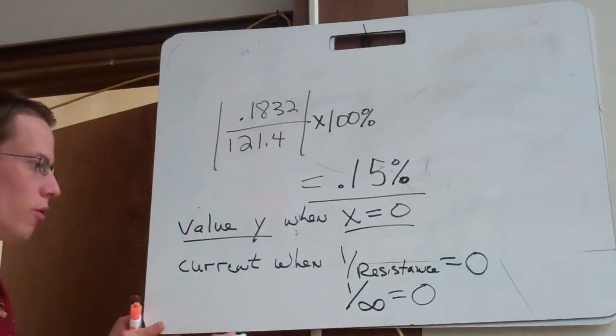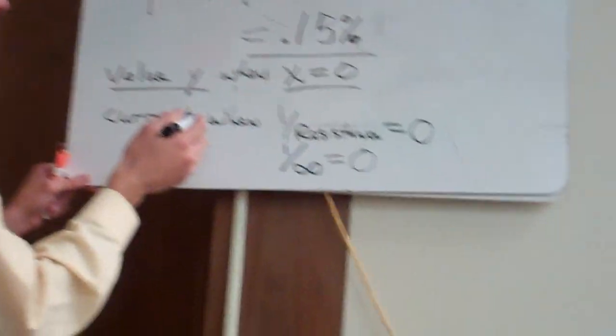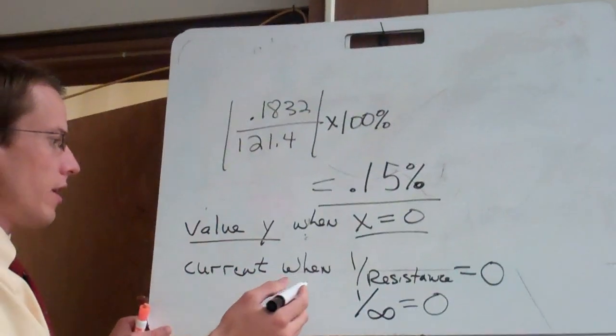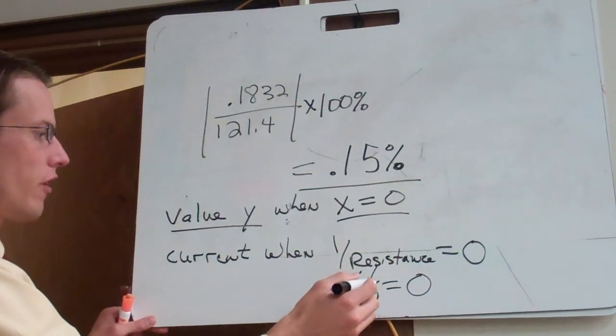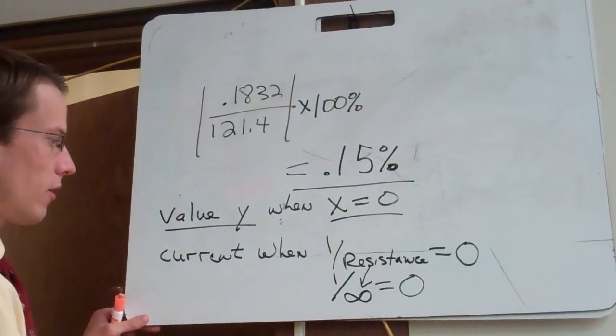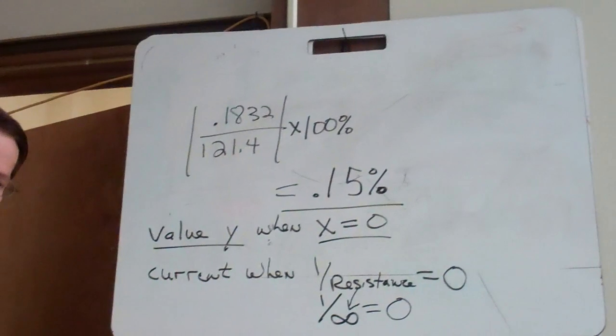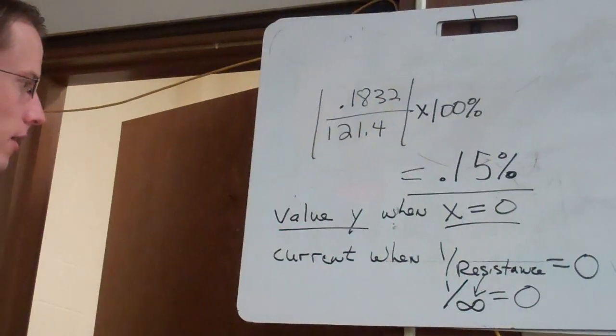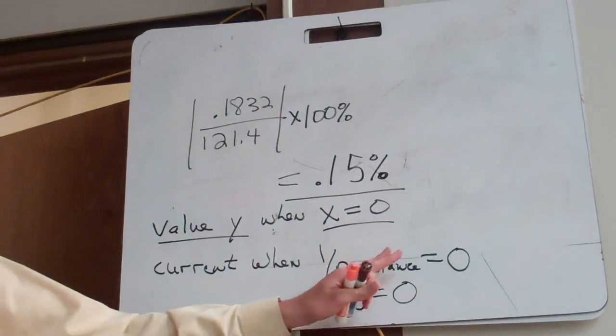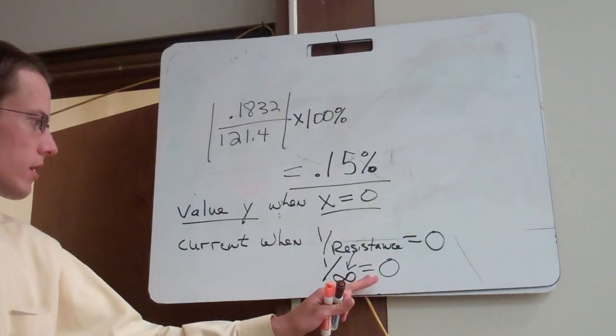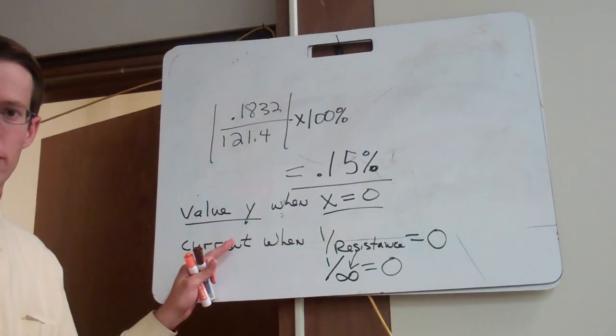And so the value of y, when your resistance is infinity, gives us 0. So that would be an inverse. In other words, it's showing that when you have an infinite amount of resistance, you should have very little current.